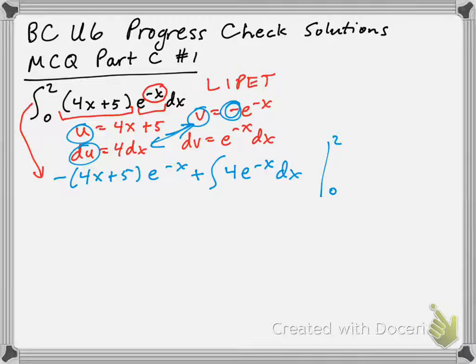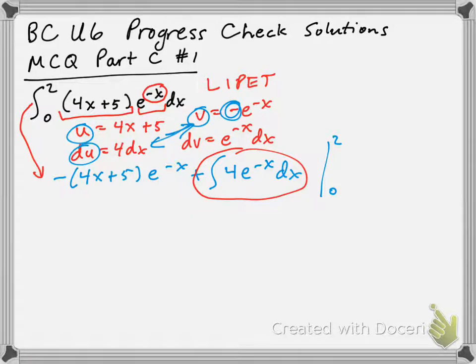I like to write it like that because I don't want to forget that we're evaluating this part of it as well from 0 to 2. And we can just go ahead and evaluate that antiderivative.